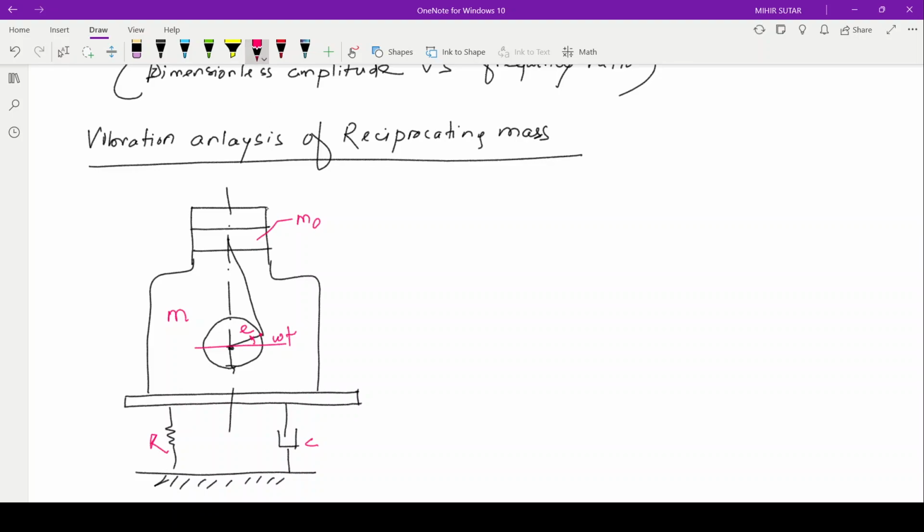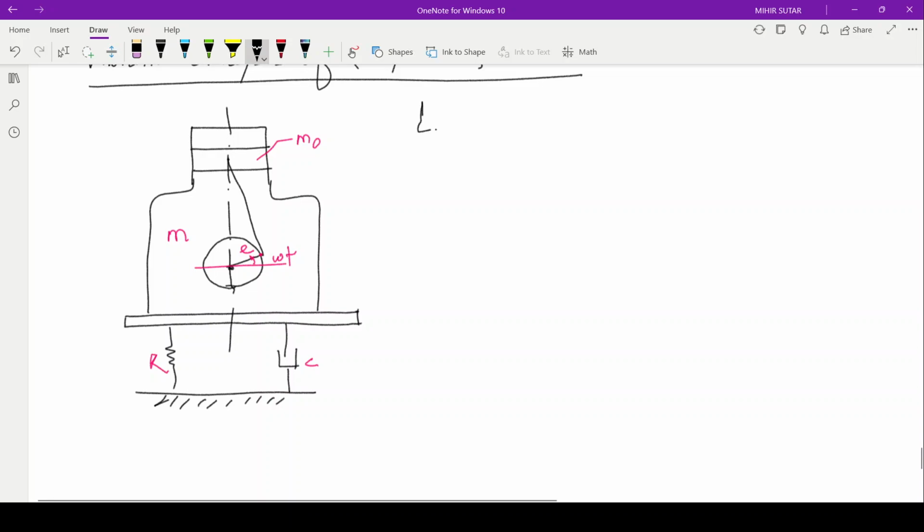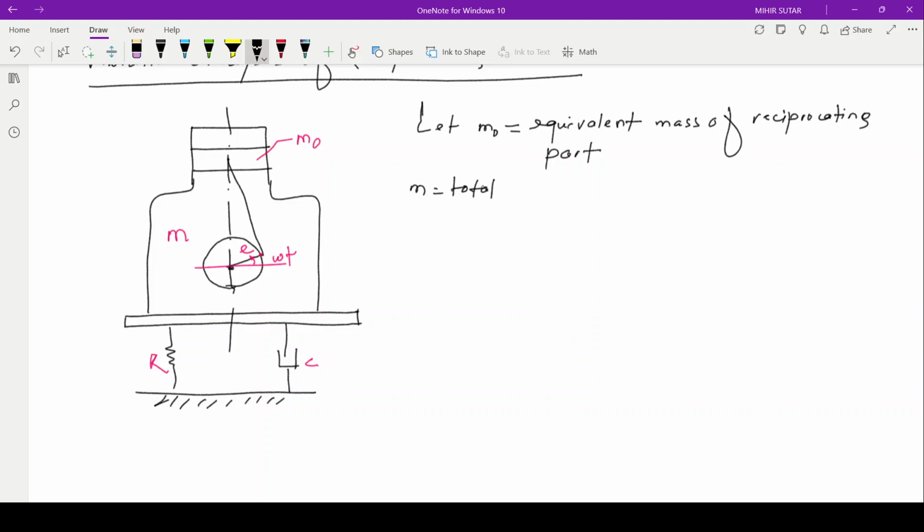Complete this. You can write here, let m0 is the equivalent mass of reciprocating part, m is the total mass of engine including m0, e is the crank length, L is the connecting rod length.